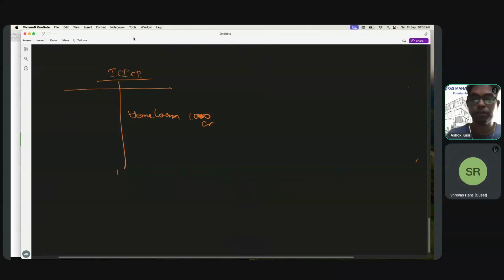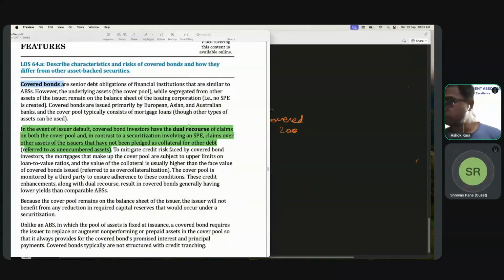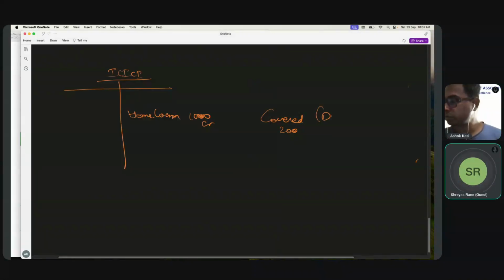Is it okay? Similarly, in a covered bond, ICICI Bank says, look, investors, I'm issuing a bond worth 200 crores. This is a covered bond. Covered bond means they get dual recourse. Dual recourse means dual safety.